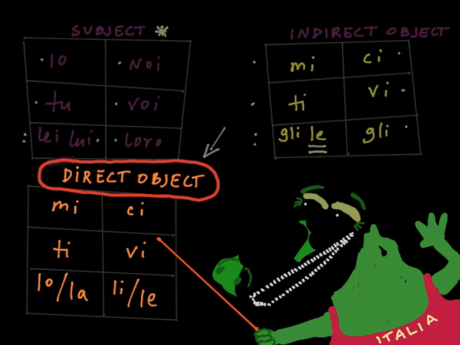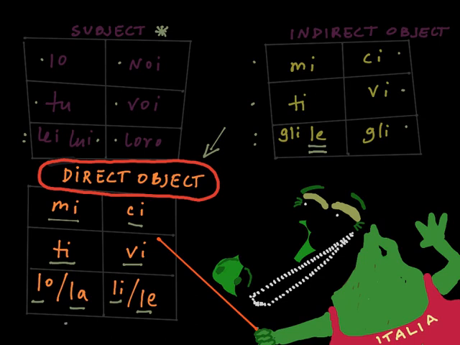So these are the direct object pronouns, and they're translated as me, you, him, her, us, you plural, them masculine, and them feminine. So it's similar to English, but slightly different. What's the difference?